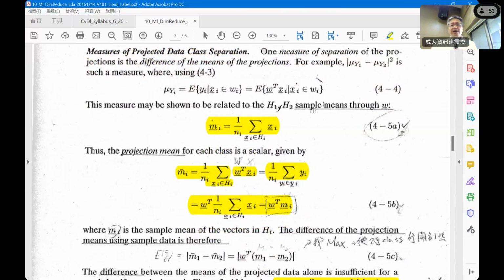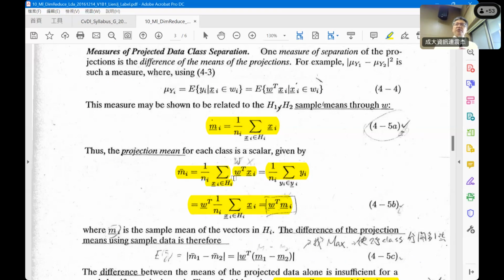In 2D x, we try to find the average value m. Here we try to prove that the 1D average equals the 2D average value directly projected to 1D. The 2D average is m, and once we find W, projecting m along W gives the 1D average. So m hat equals W transpose times the samples in 2D.